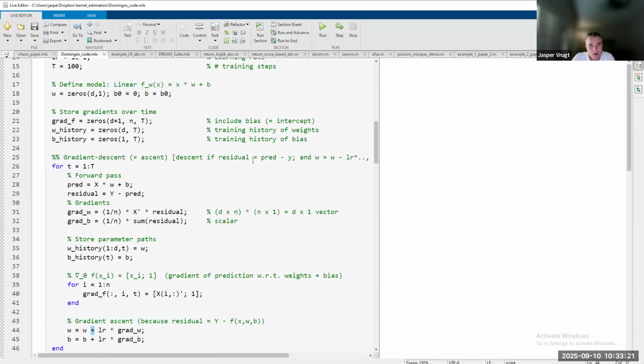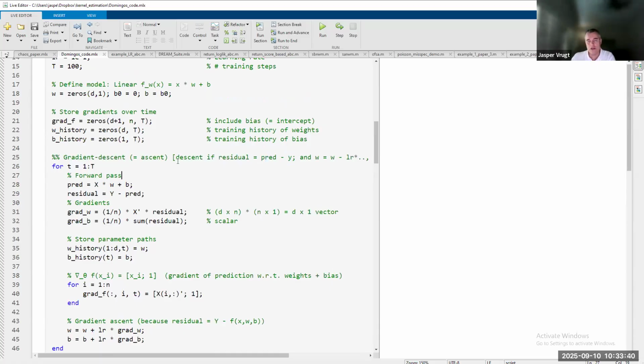Whereas if you define this to be your measured minus predicted, and that's what it should be. If you look in the literature, what is a residual? Residual is always measured minus simulated or predicted or fitted, not the other way around.